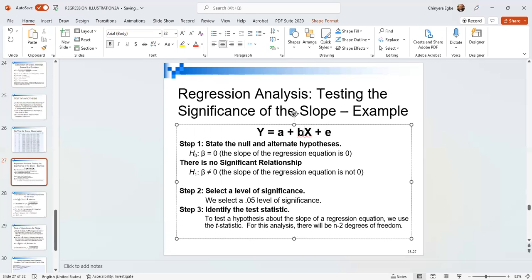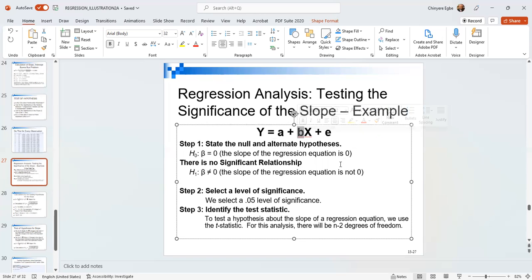You're asking yourself if this B here is equal to 0. If B is equal to 0, you can see very well that B times X will be 0, which means that there is no significant effect on Y from X, because that second part of the equation will be 0. So Y is a constant value. X does not affect Y.